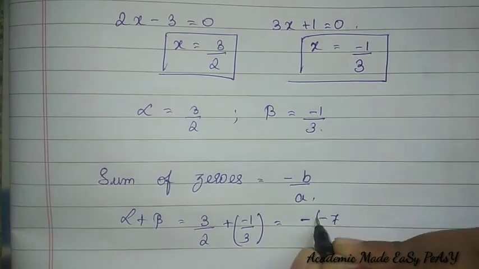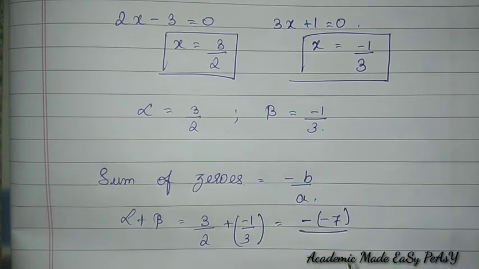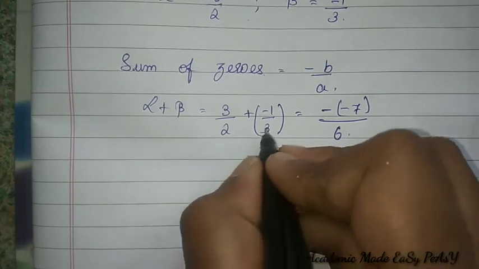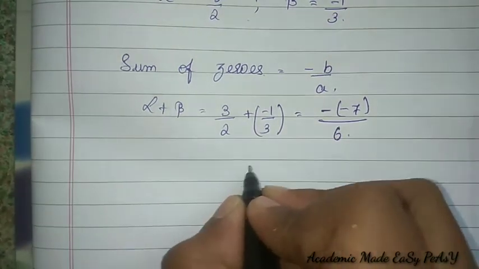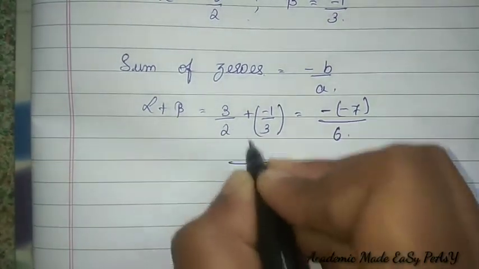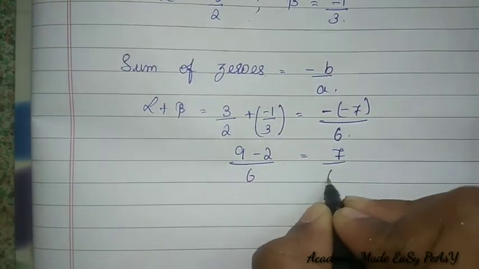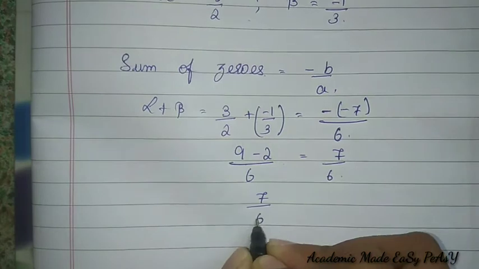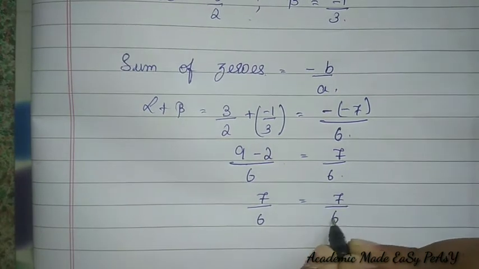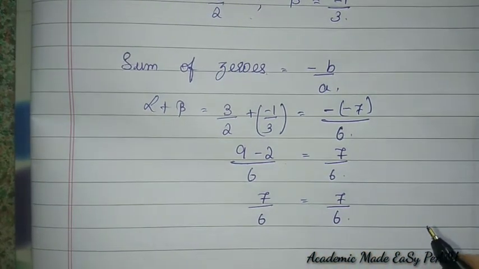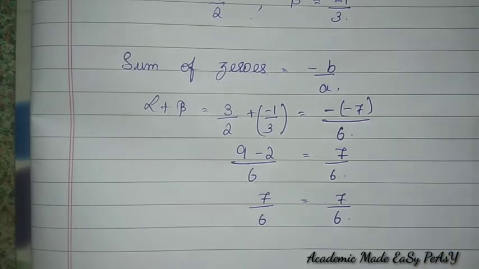Minus 7 divided by 6. So I will be taking LCM. So my LCM is 6. So 9 minus 2 is equal to 7 by 6. So 7 by 6 is equal to 7 by 6. My LHS is equal to RHS. So sum of zeros is verified.